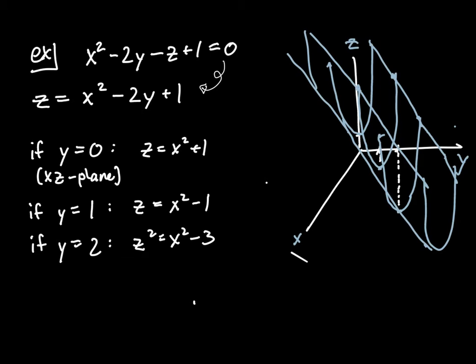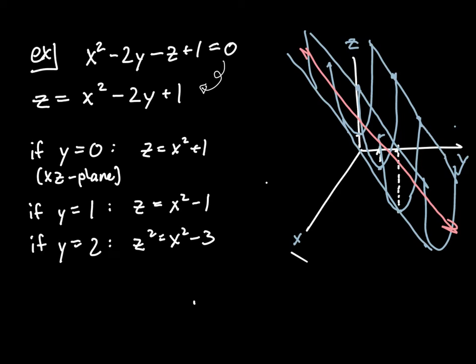Now, if you notice, you can also think of this as a parabola that's been shifted in this direction along these rulings, just like the cylinder.